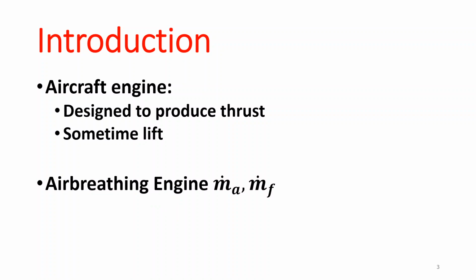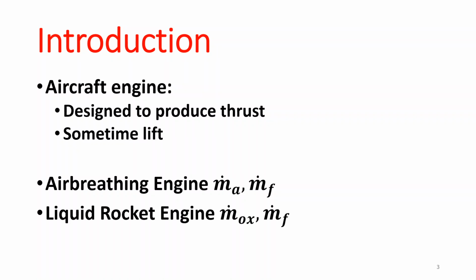But the main mechanism behind generating thrust or any other form of force is the mass flow rate, right? Jet engines work with the mass flow rate. In air-breathing jet engines, we are dealing with the air mass flow rate and also the fuel that is being added to the air at the combustor or afterburner, depending on the design.